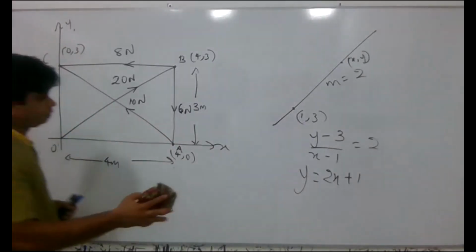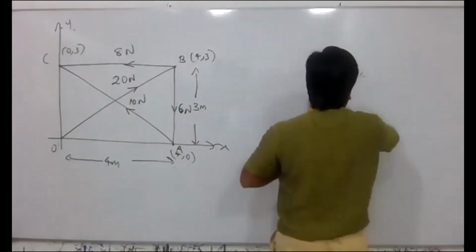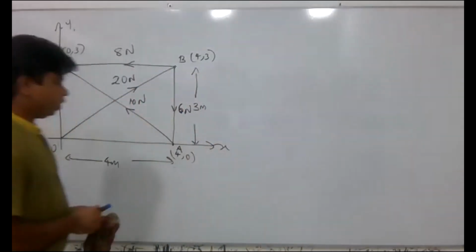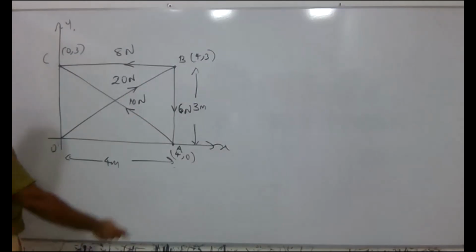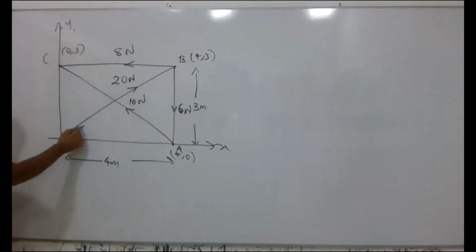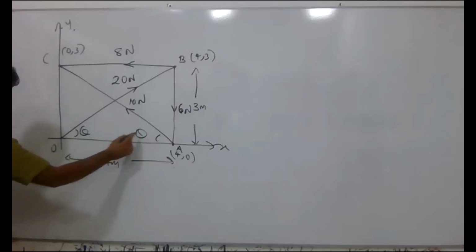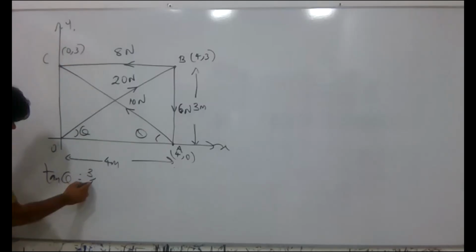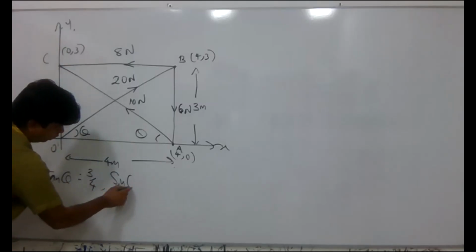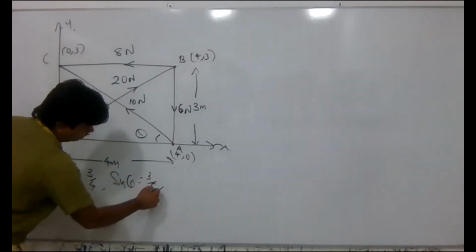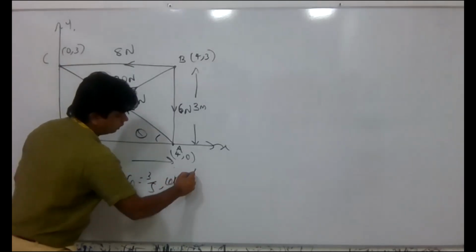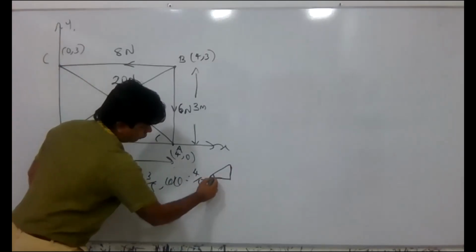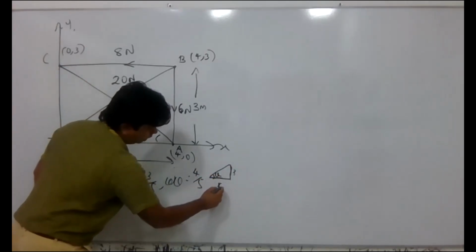How do we do it? You know that definitely the force inclination has to be mentioned. So here tan theta equals 3 over 4. Then I will write quickly sin theta is 3 over 5 and cos theta equals 4 over 5, because in a triangle, if this theta is 3, 4, then this is 5.